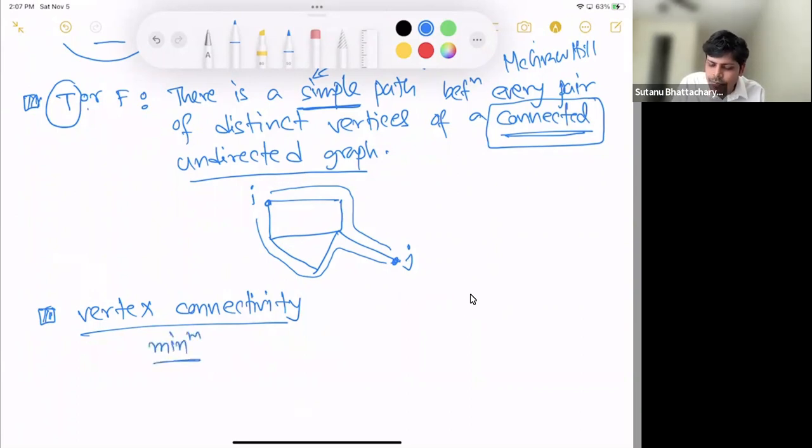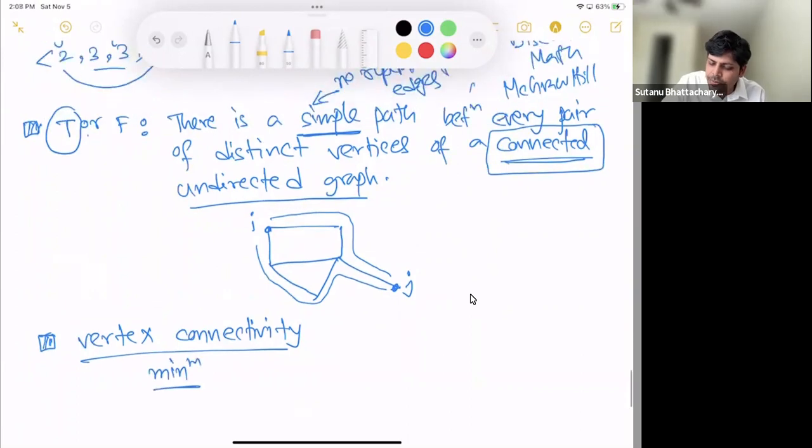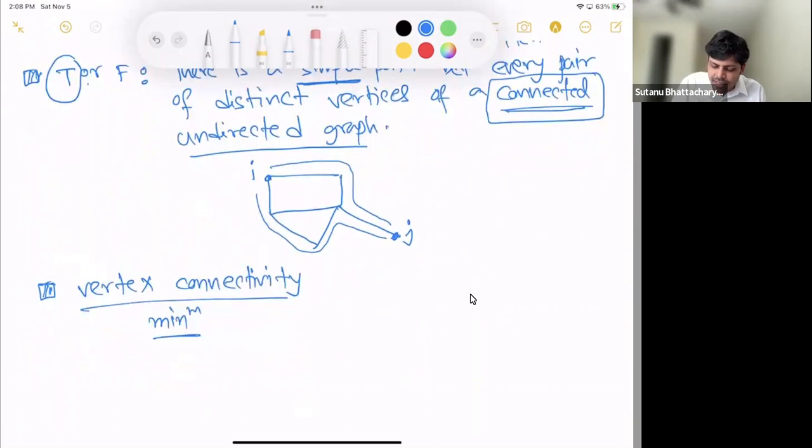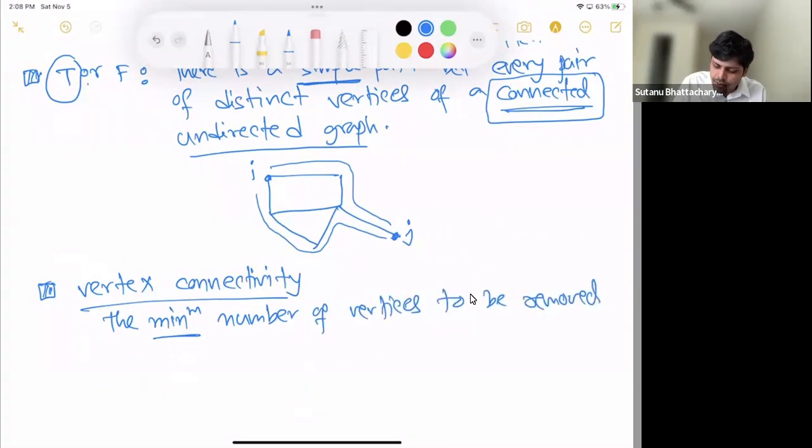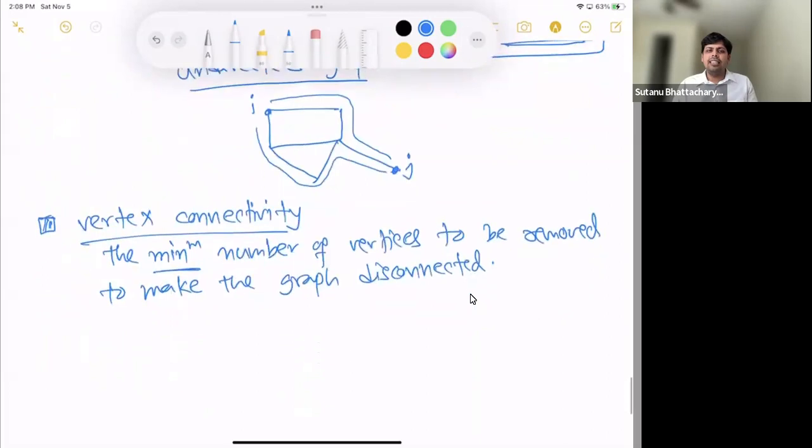First of all, this is a short form of minimum, like this is a short form of writing between. You might be confused. So the minimum number of vertices to be removed to make the graph disconnected. That is your vertex connectivity.